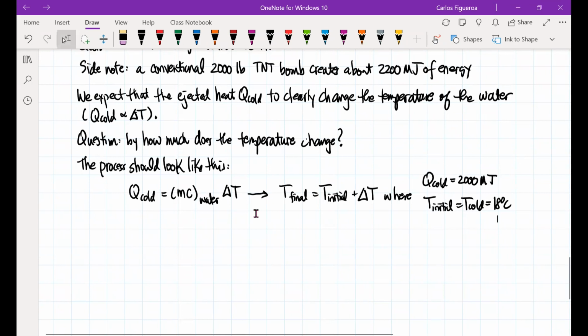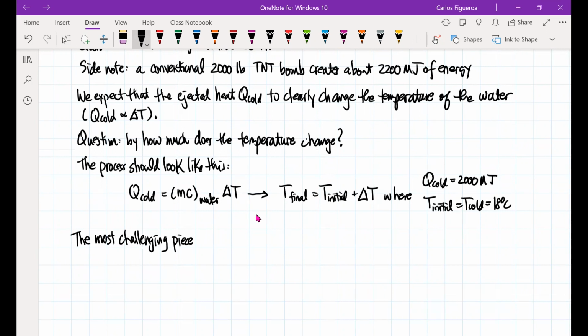So what we're going to see here is that the most challenging piece is in calculating the water mass that's being heated up.